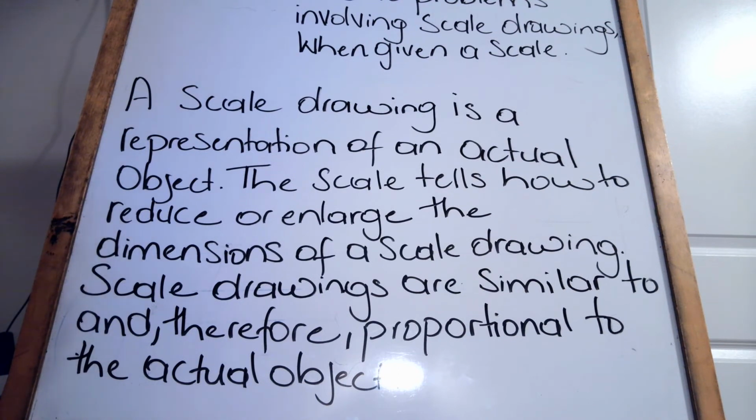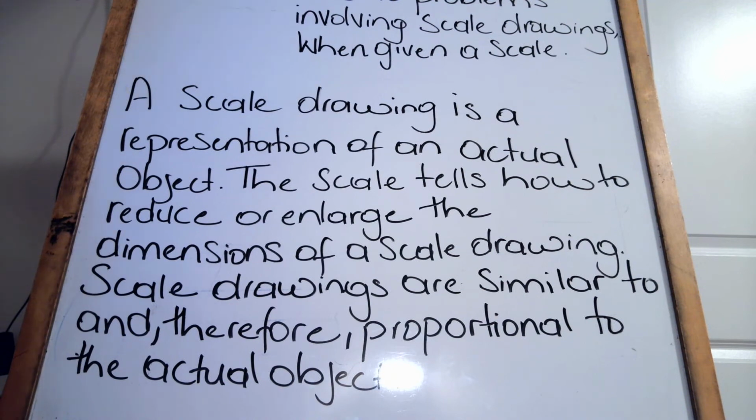Another perfect example of scale drawing is a map. Whether you have a map of the world, or of a continent, a state, and so on, the map is on a piece of paper. That state or country is much bigger than what is on the map.